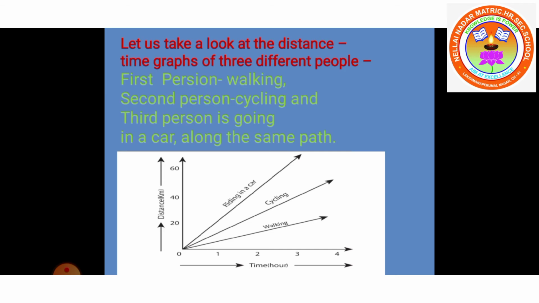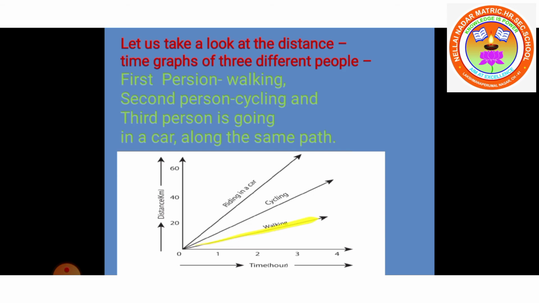Okay students, in the graph we are taking the time in the x-axis in hours and the distance in the y-axis in kilometers. The values are noted in that graph, and it is also given as straight lines.